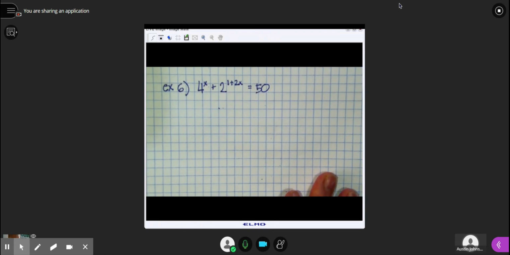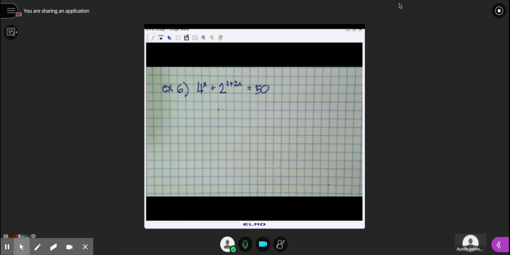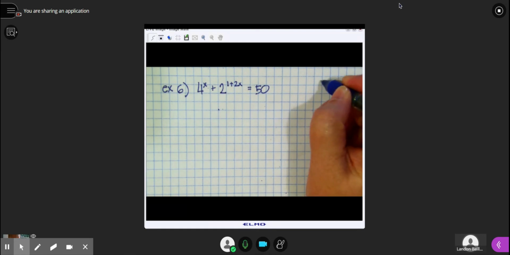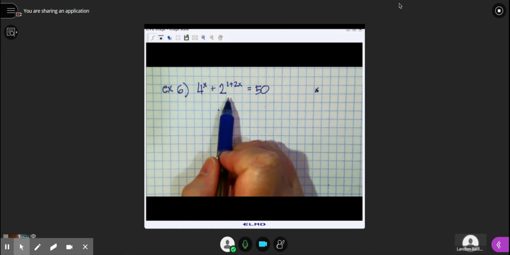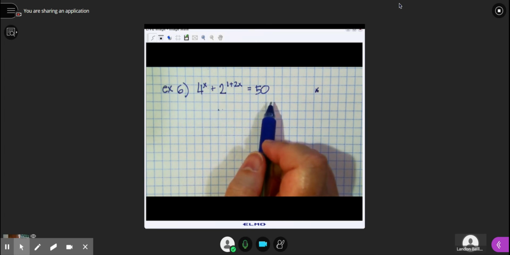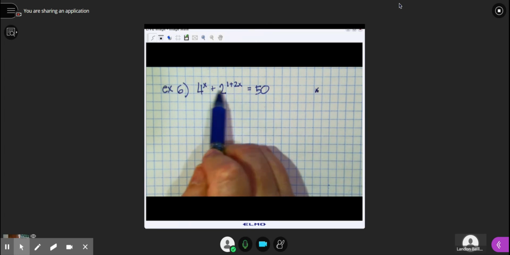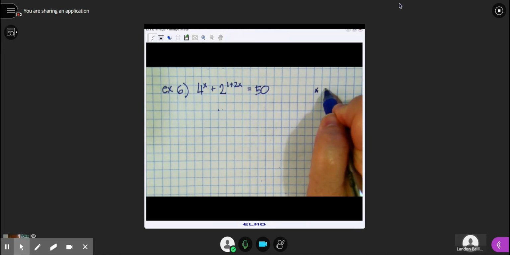Whew. Okay, sometimes it's a matter of noticing combinations that could possibly make your life easier. For example, I need to be able to put the bases all on one side. I can combine these if I can rewrite them as the same base.